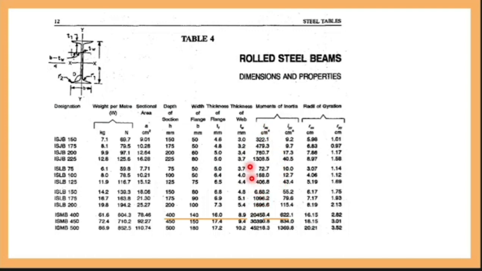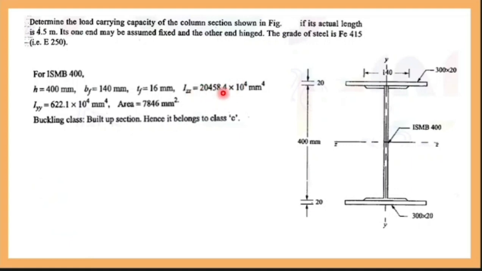This is your moment of inertia at x-axis, and at y-axis you have 622.1. Whatever moment of inertia they have given here is for the I section only; you have two plates additional to it. Find the additional moment of inertia. They have given IXX, IYY and area.